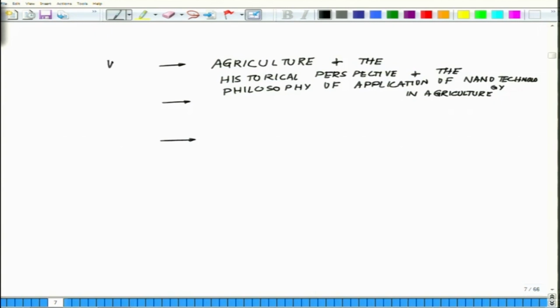This is our week 1, what we are currently doing. This is the part we have been discussing.